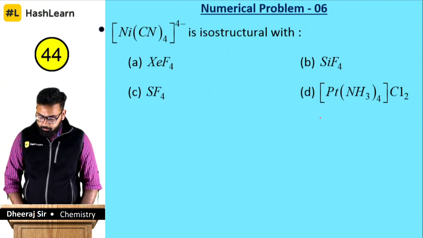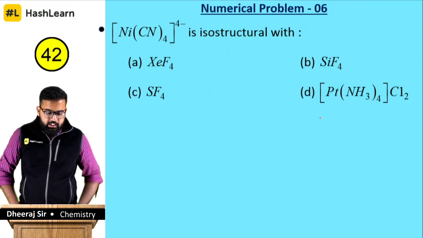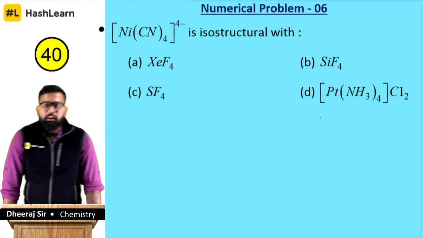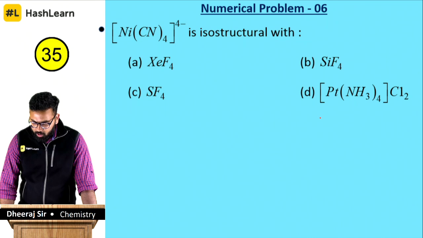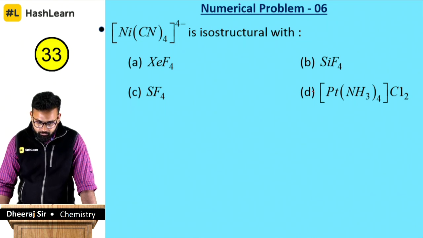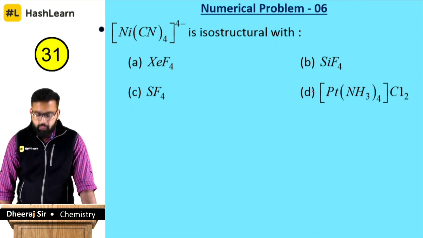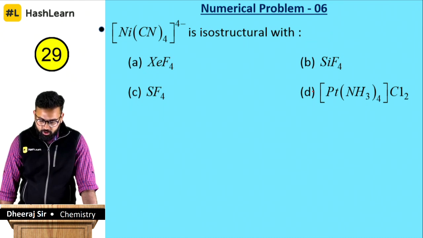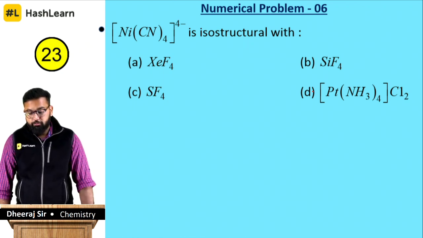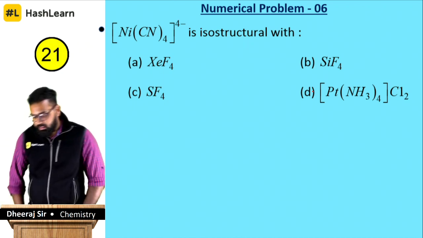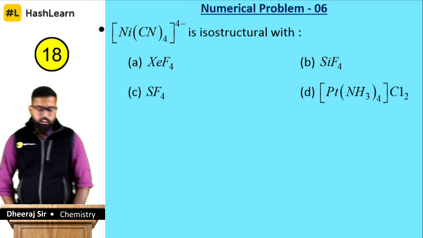Moving to the sixth problem. [Ni(CN)4]4- is isostructural with, you don't need 45 seconds to answer questions like these, so move on really fast. [Ni(CN)4]4- is isostructural with XeF4, SiF4, SF4 and a complex tetraammineplatinum chloride.